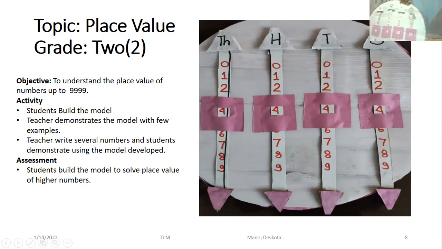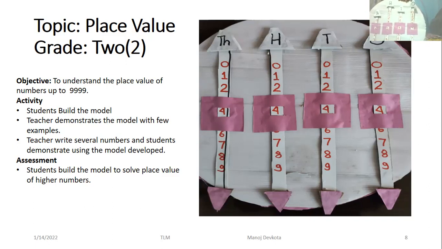This one is 1's place, 10's place, 100 place, and 1000 place, right? So if I place here 2535, I can pull it down, or I can pull it up, right?